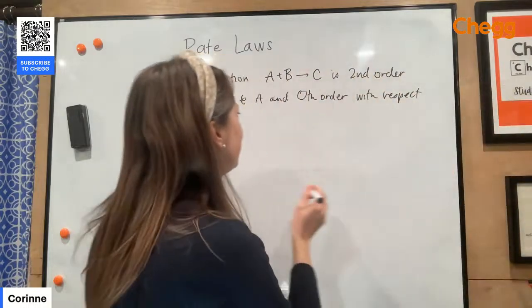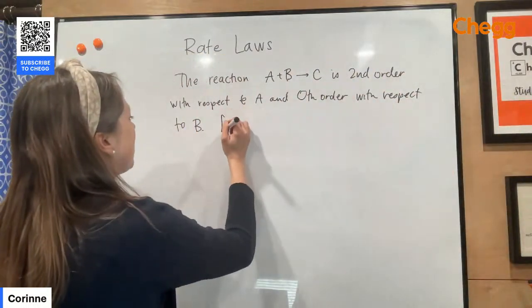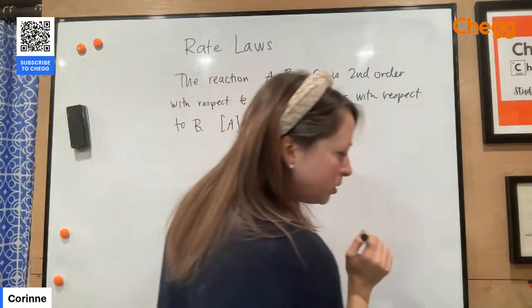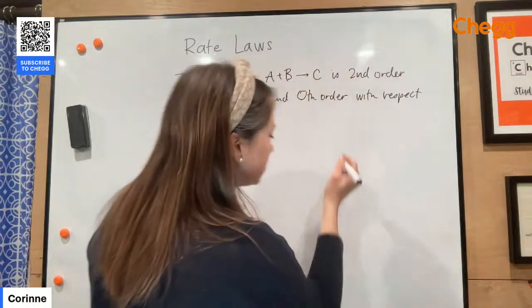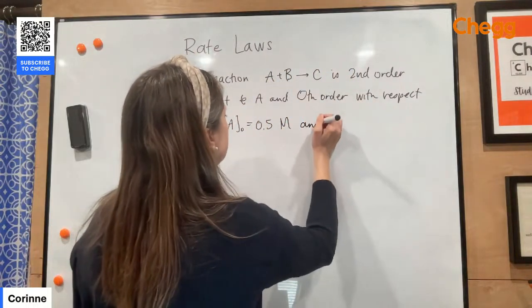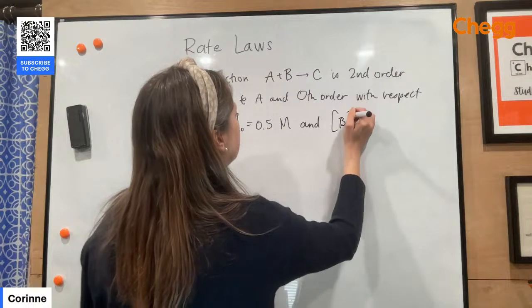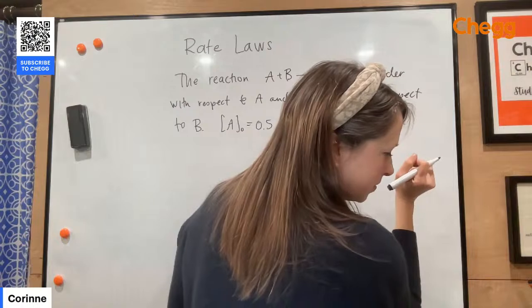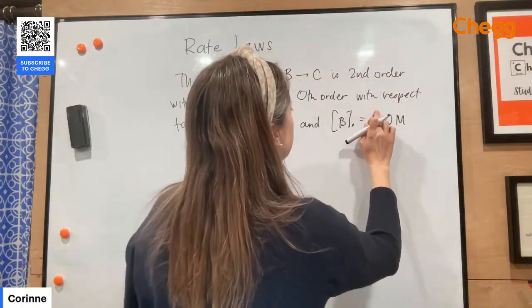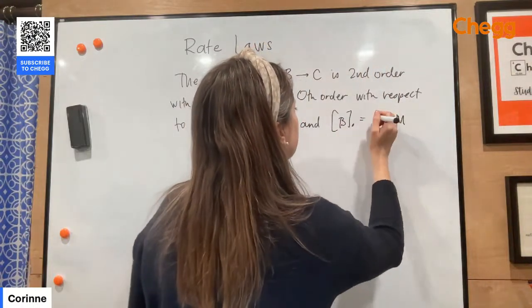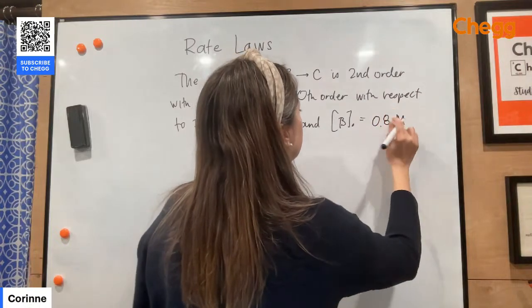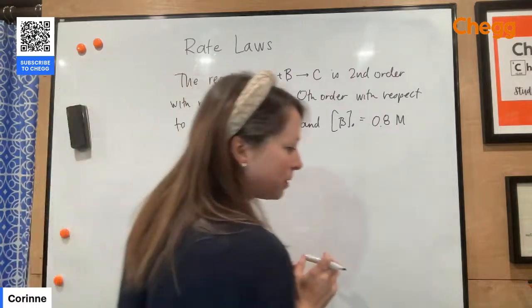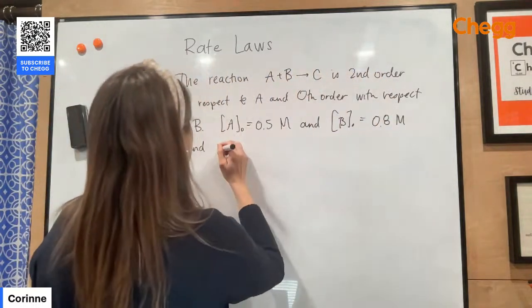If the initial, so we'll say if A naught is 0.5 molar and B is 8. And I think I'm giving the rate constant for this one too.